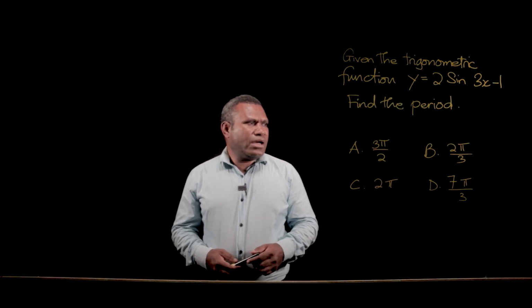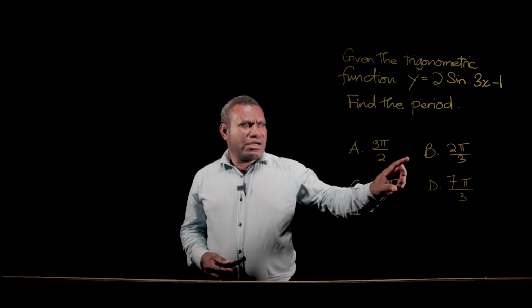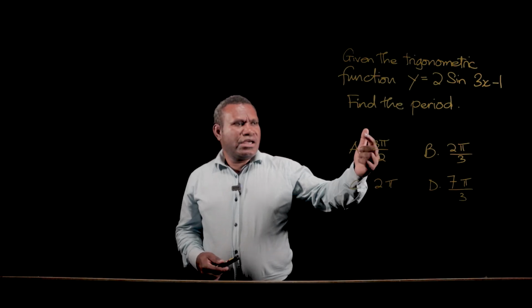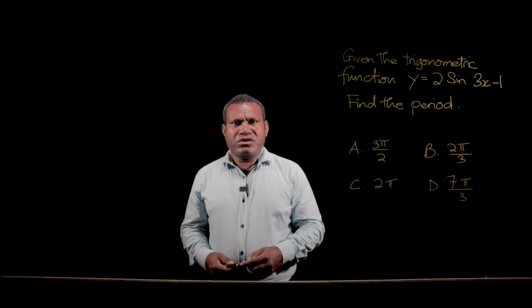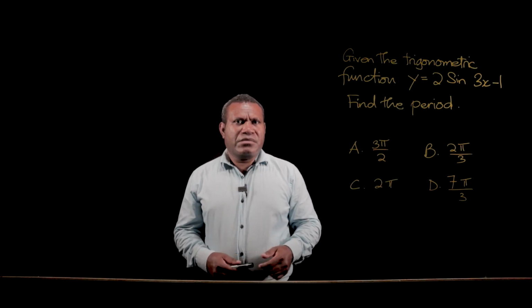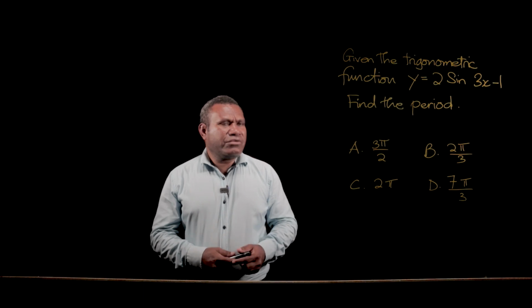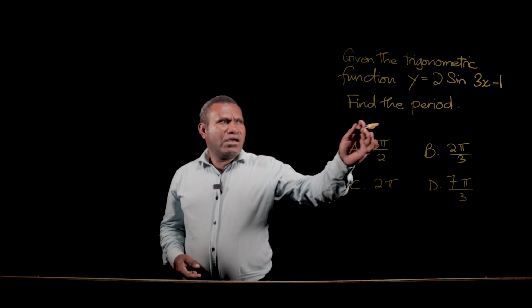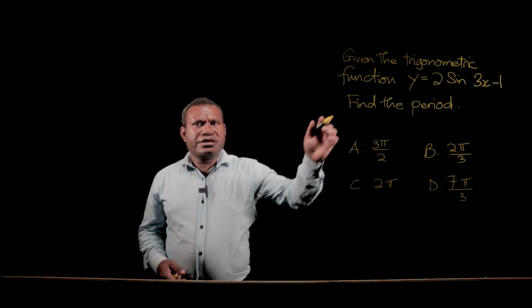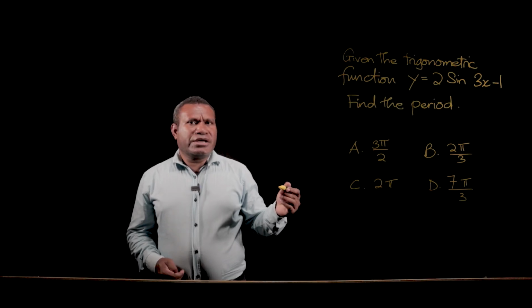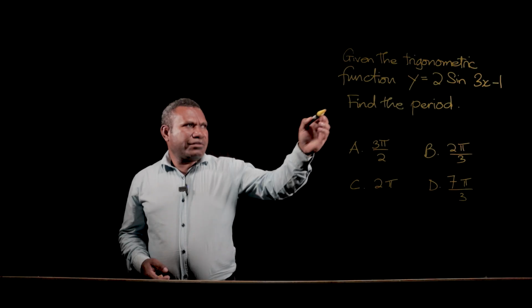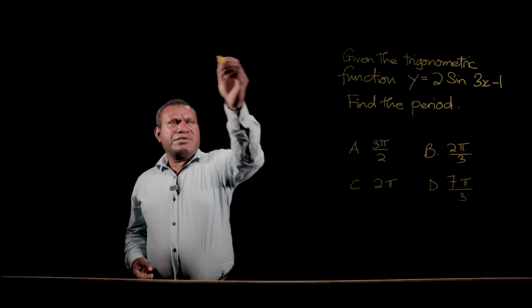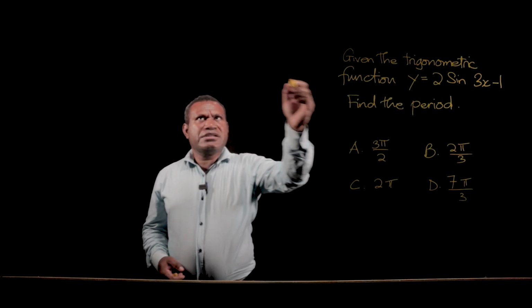In order to answer this question, you see that these angles are given in radians, and they are not given in degrees. But if you can recall the definition for period, we are going to recall the general formula of a trig function, especially the sine function.